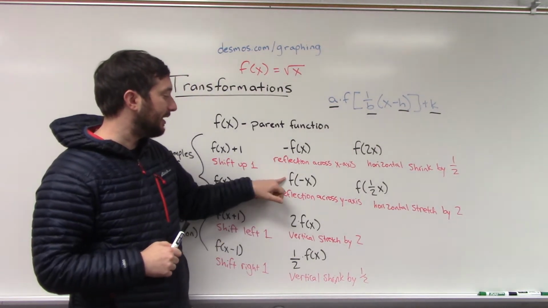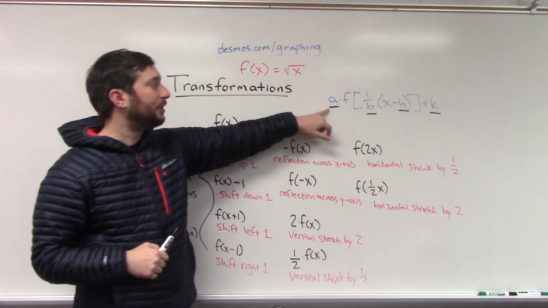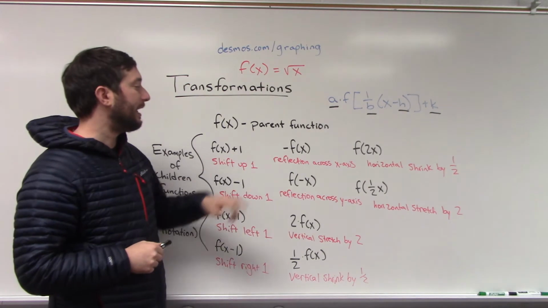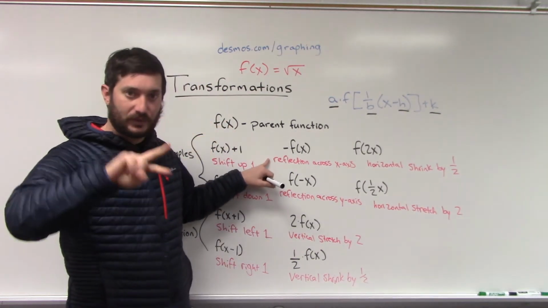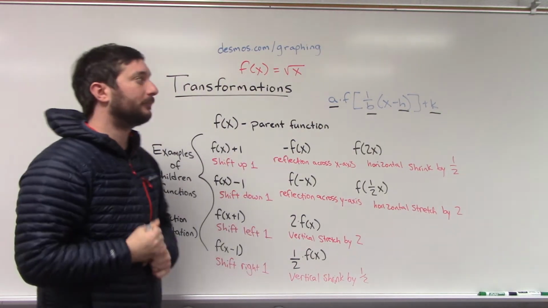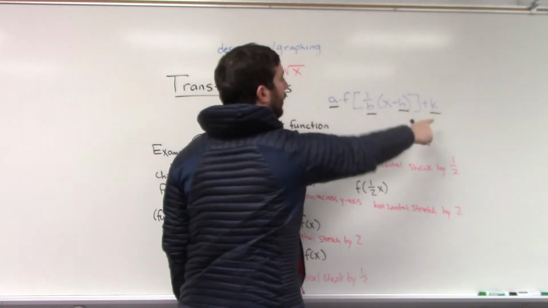Okay, that happens inside of parentheses. And lastly, if you change A, if you multiply in front, either by a negative or by a number, you're going to have an up and down either reflection, right, a flip of the graph, or maybe a vertical stretch or a shrink. So what might be helpful here is to notice, number one, these are all in alphabetical order.